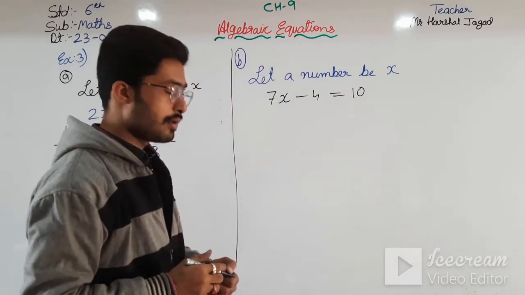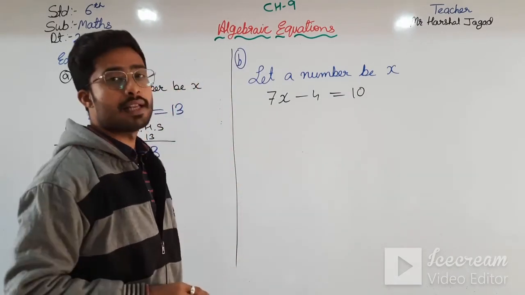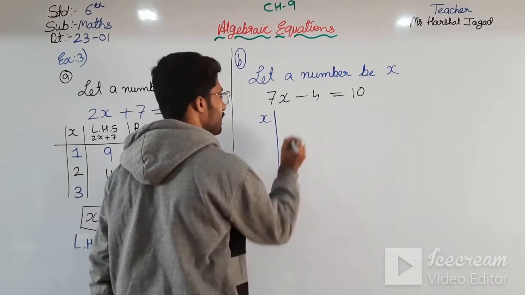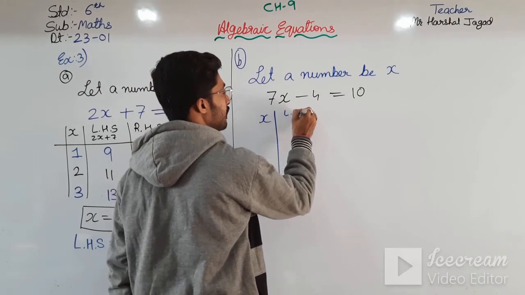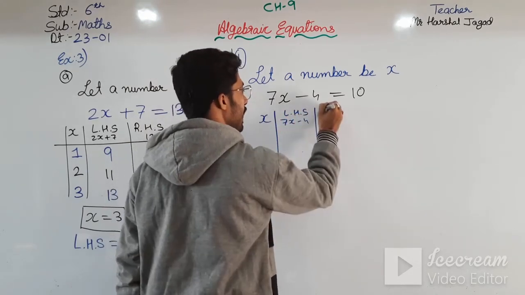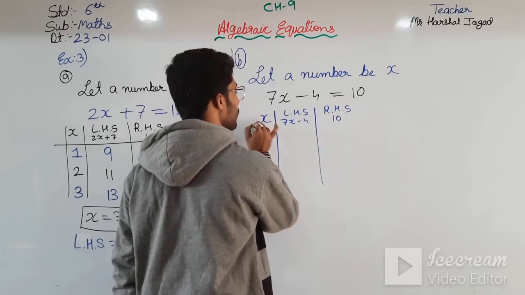Here also we use the trial and error method to find the value of x. LHS is 7x minus 4, RHS is 10.